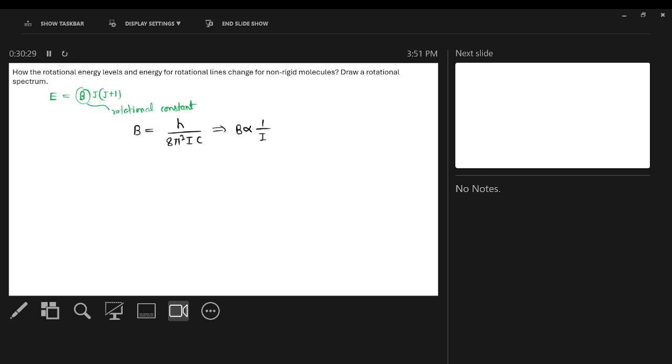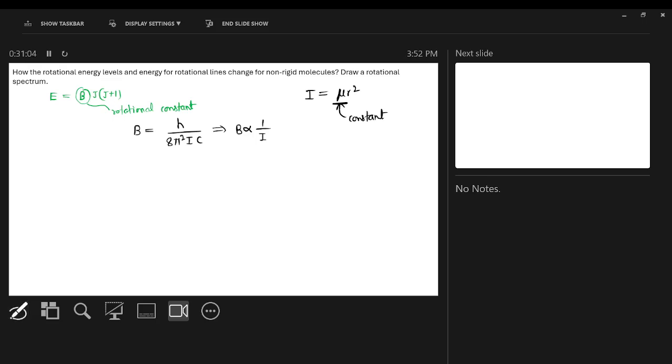If the moment of inertia of a molecule increases, this rotational constant decreases. As a result, the energy of any rotational energy level decreases. We further see this I is nothing but mu r square. So if the molecule is rigid or non-rigid, mu will be constant because the mass is not changing.